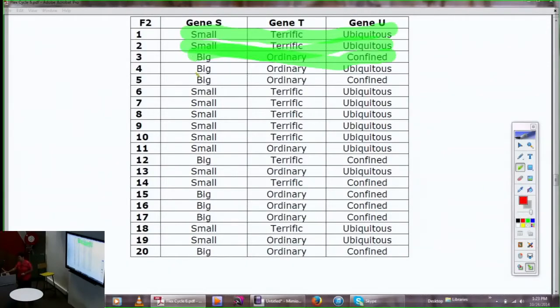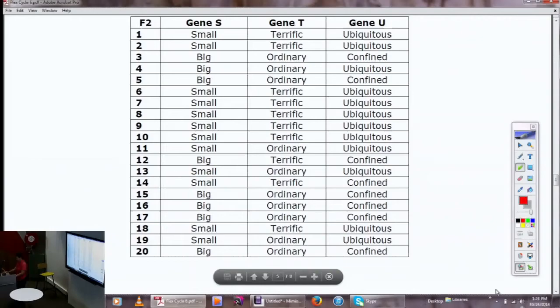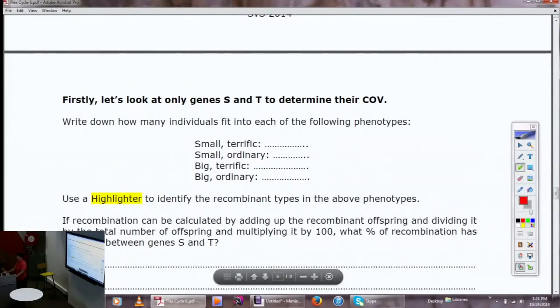Can you see it? Because it's got that one recessive, followed by dominant. Yes? Now, accumulating your results and being able to see what are recombinants is the important aspect. So we're going to review this chart again in just a moment in light of the question that we're given.